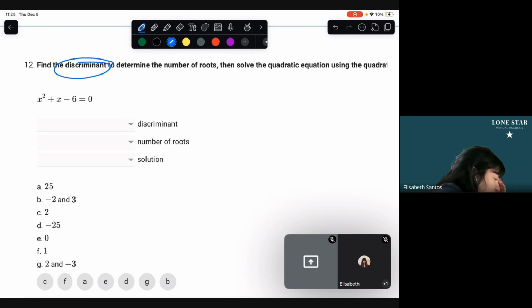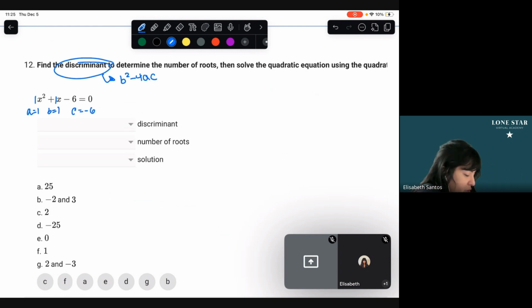Okay, so the discriminant, when you're looking at the quadratic formula, is the part that's under the radical or under the square root, which is b squared minus 4ac. Okay, remember this is in standard form where a equals 1, b equals 1, and c equals negative 6.